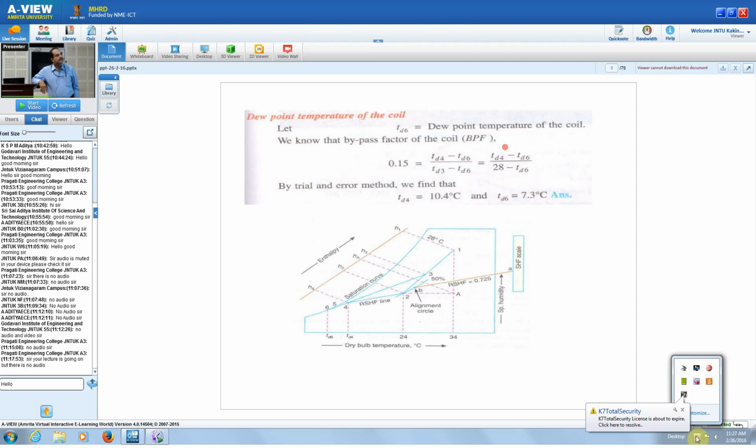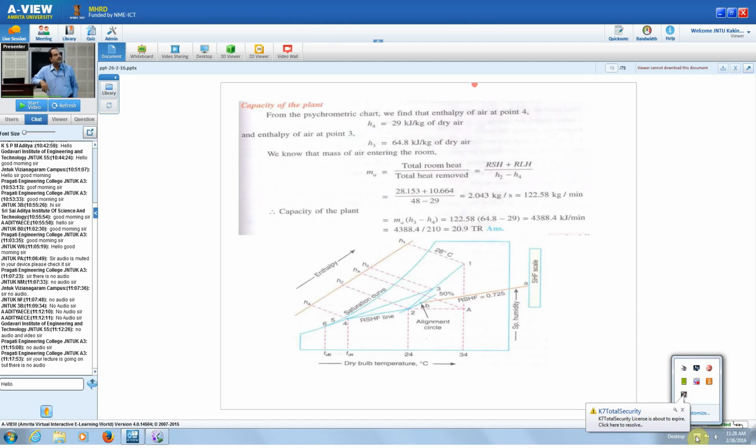That is 28 degrees centigrade. Then, by the trial and error method, we get TD4 and TD6. I think you know what the trial and error method is. When the left side LHS equals the right side RHS at 0.15, then you will get the value. You substitute, then you get TD4 and TD6. Okay? Next slide.